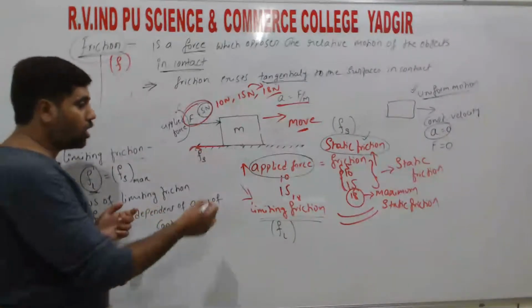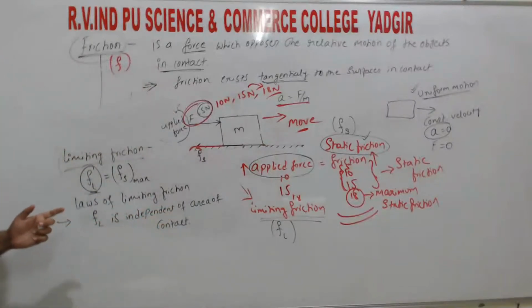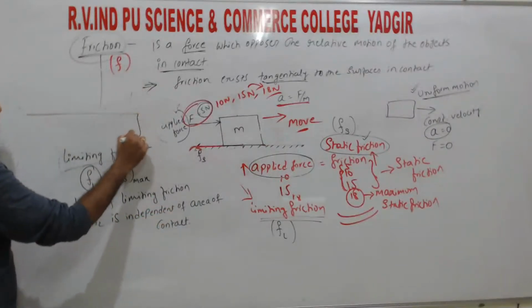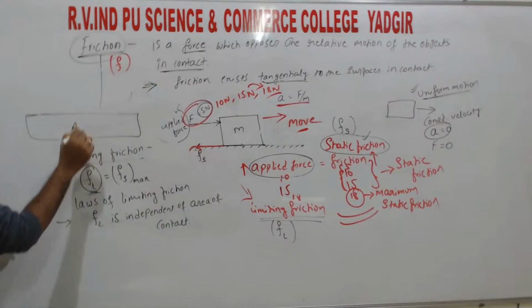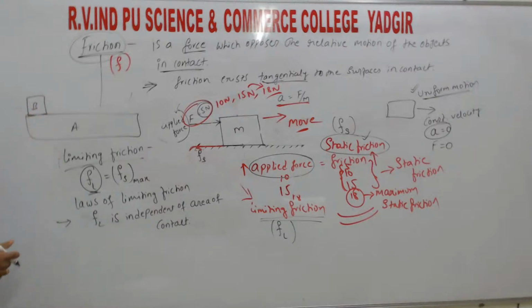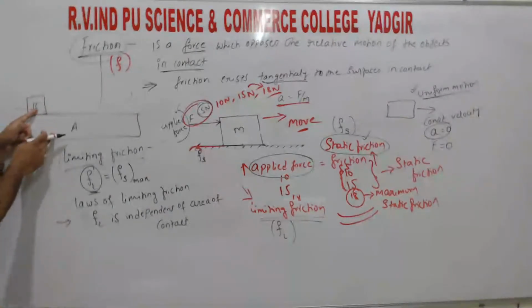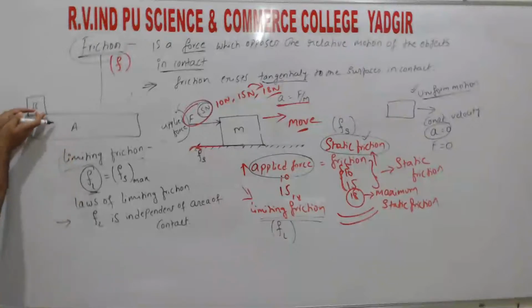The area of contact may be smaller or larger, right? So consider this example. This is some object A. I am placing one object B on object A. Here, if you observe the contact surface between A and B, that means area. This is drawn in one dimension; if drawn in two dimensions, we take it as area, length into breadth.